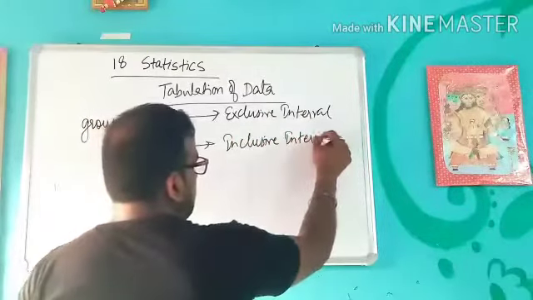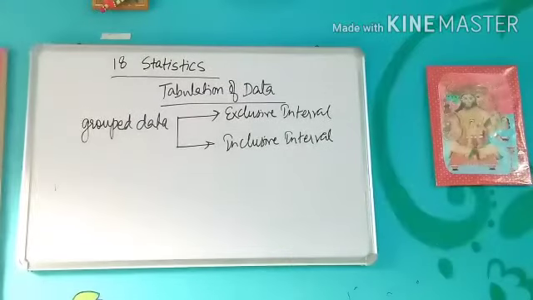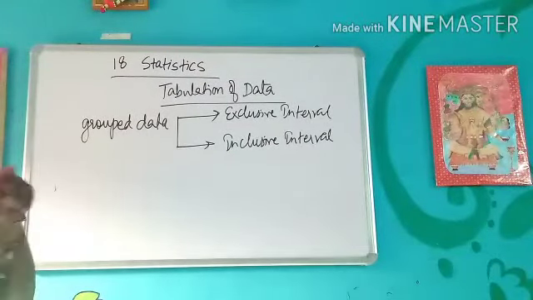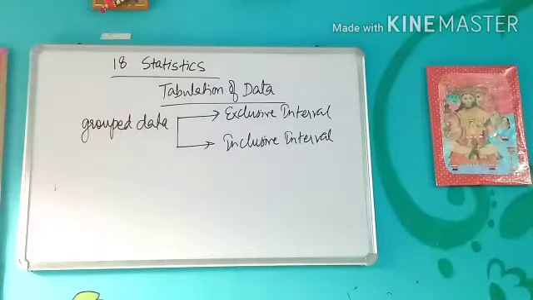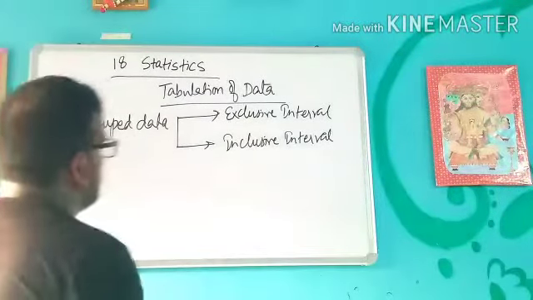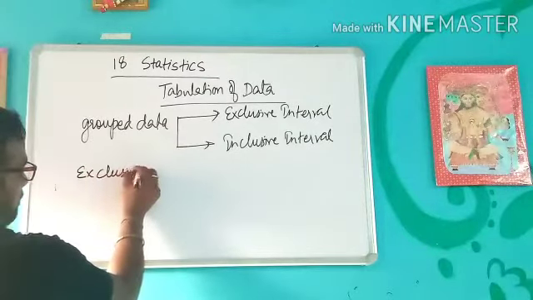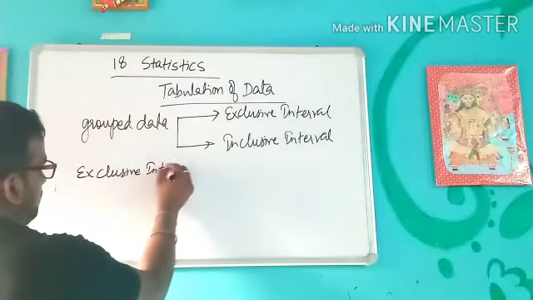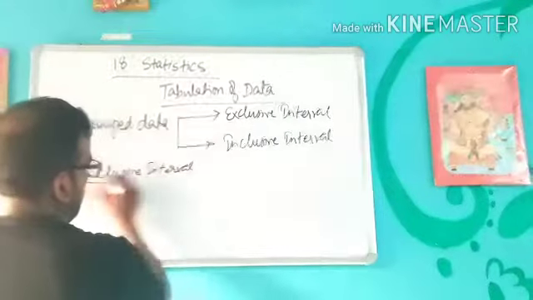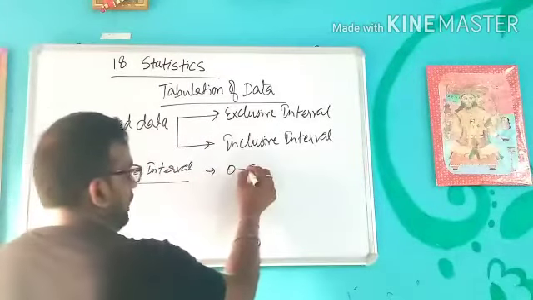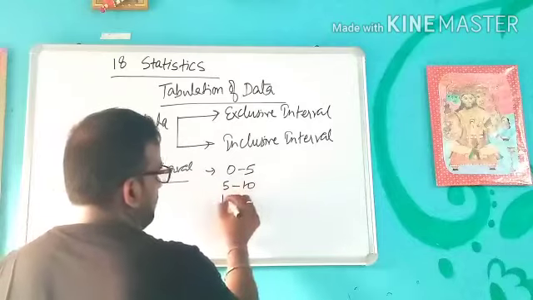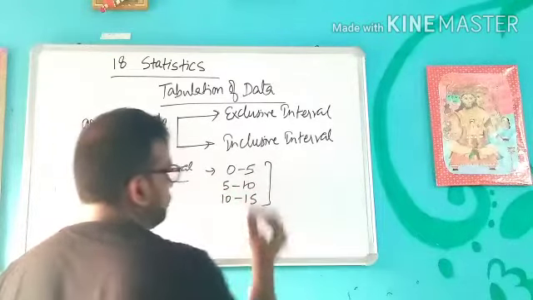Two types of intervals are there for grouped data: exclusive interval and inclusive interval. First let's see exclusive intervals, like 0 to 5, 5 to 10, 10 to 15 and so on.